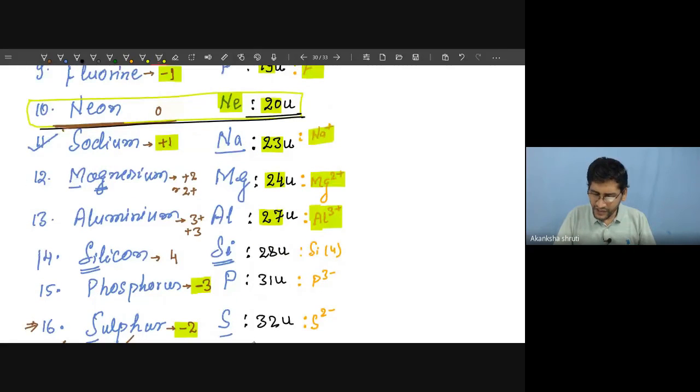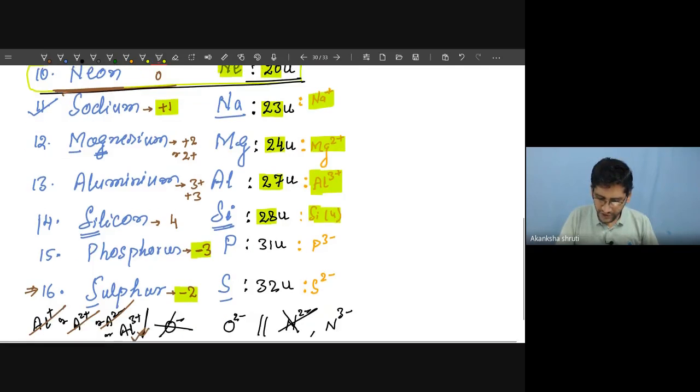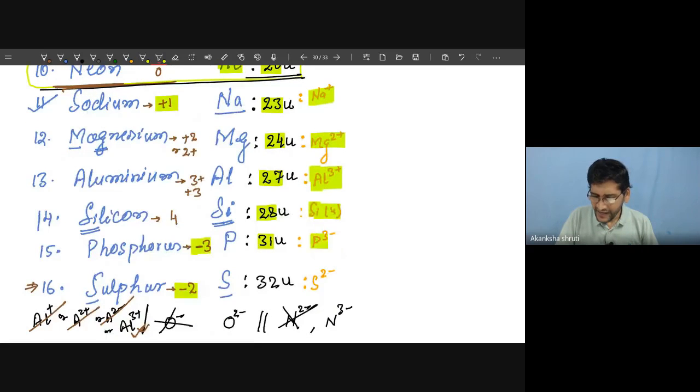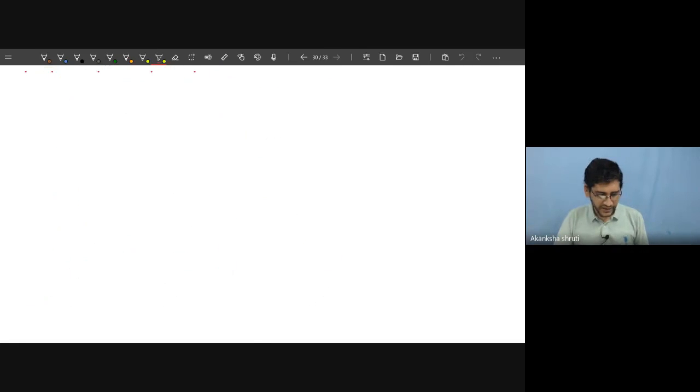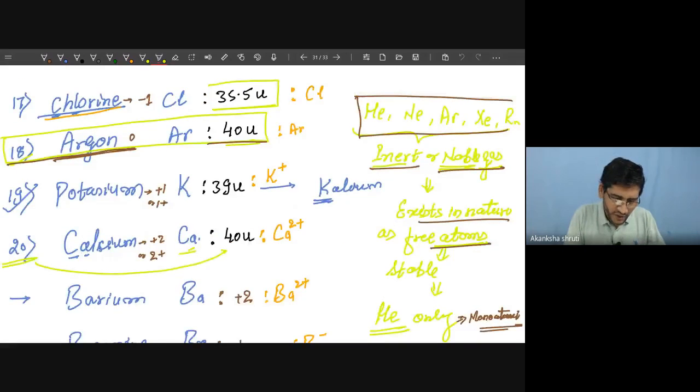Silicon 4, leave the charge, mass is 28. Phosphorus, mass is 31 and it is P3-. Sulfur S2-. Okay, student, it is this one. Coming to the other important one, chlorine, mass is fractional or decimal, 35.5, and the ion form is Cl-.